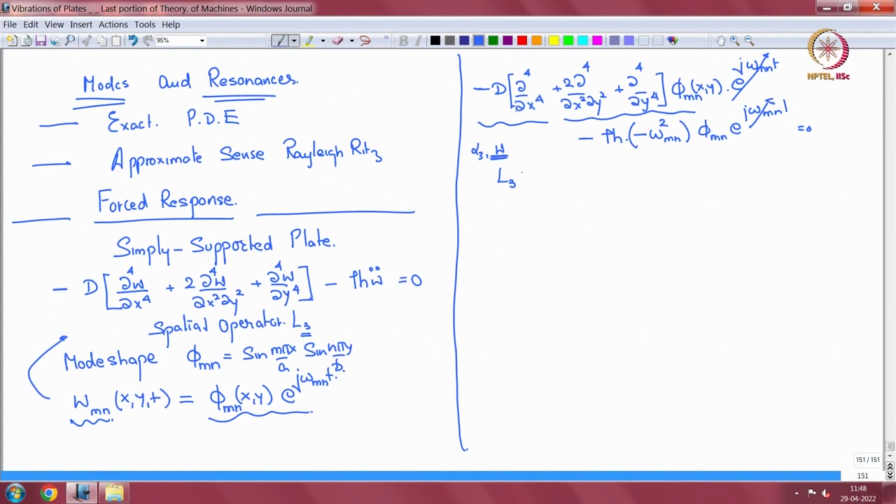So this L3 acting on phi mn becomes equal to minus rho h omega square mn phi mn.